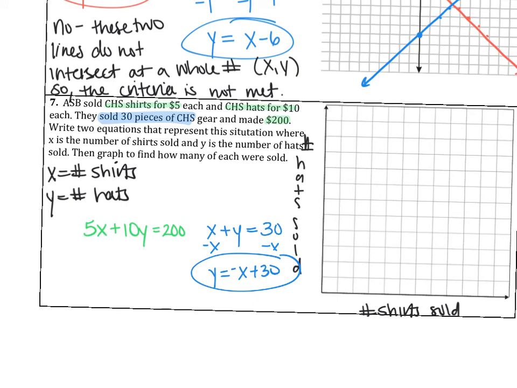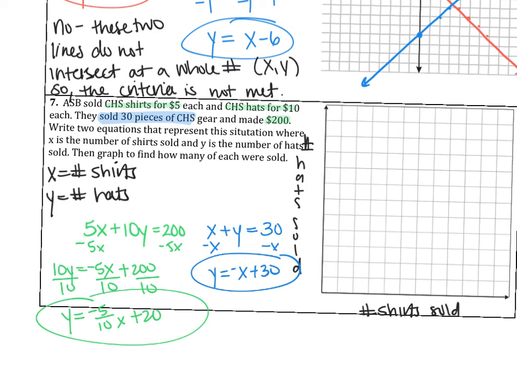In the other equation, I'm going to subtract 5x from each side. I'll get 10y equals negative 5x plus 200. And I'll divide by 10. Y equals negative 5 over 10 x plus 20. It might actually help us to keep negative 5 over 10 instead of 1/2 for this example. There's my second.